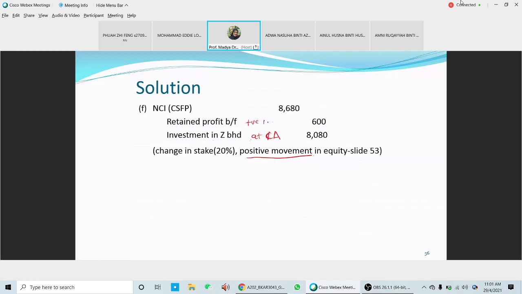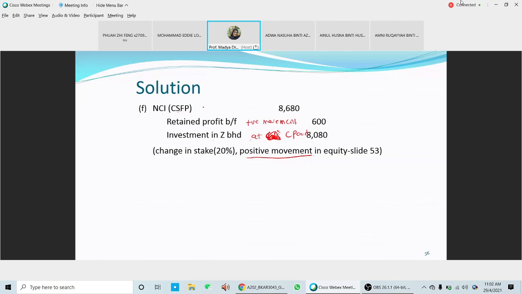And then NCI in the statement of financial position here is at the carrying amount. So you need to debit here because you want to reduce the NCI. Retained profit here is a positive movement. Investment here is how much the parent paid. The parent paid 8,080. This one is to record the changes in stake for a positive movement.